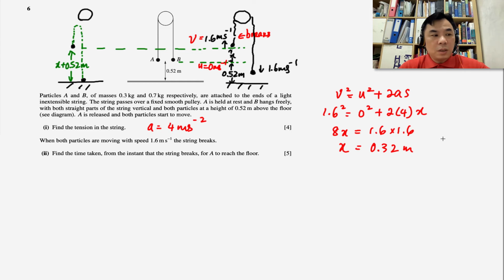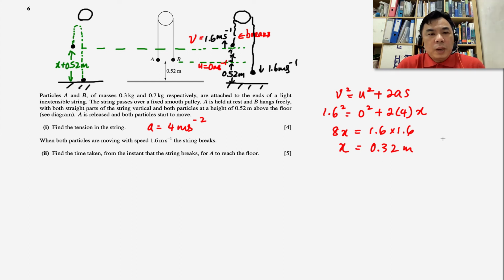Let me double check in case I did it wrongly. Yep, correct. So it's 0.32 meters. It has already moved up by 0.32 meters just before the string breaks. Okay, so I hope that's clear.